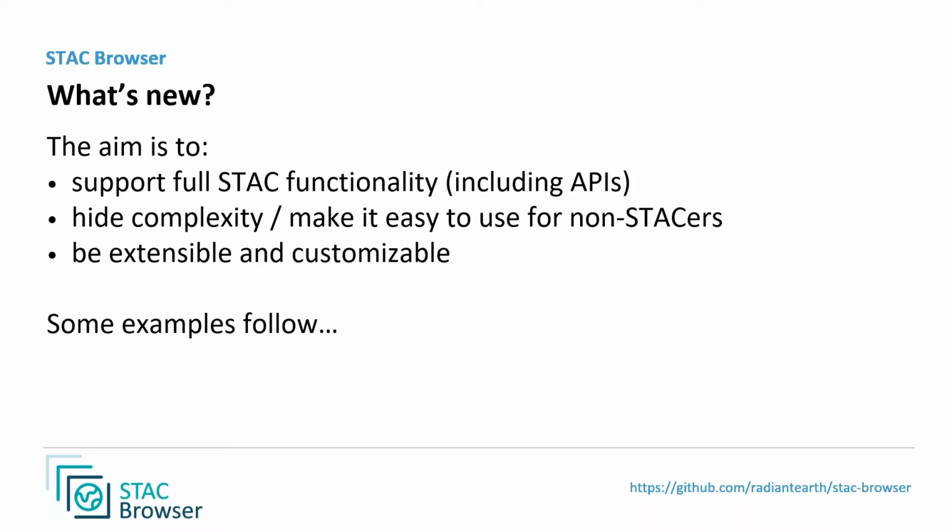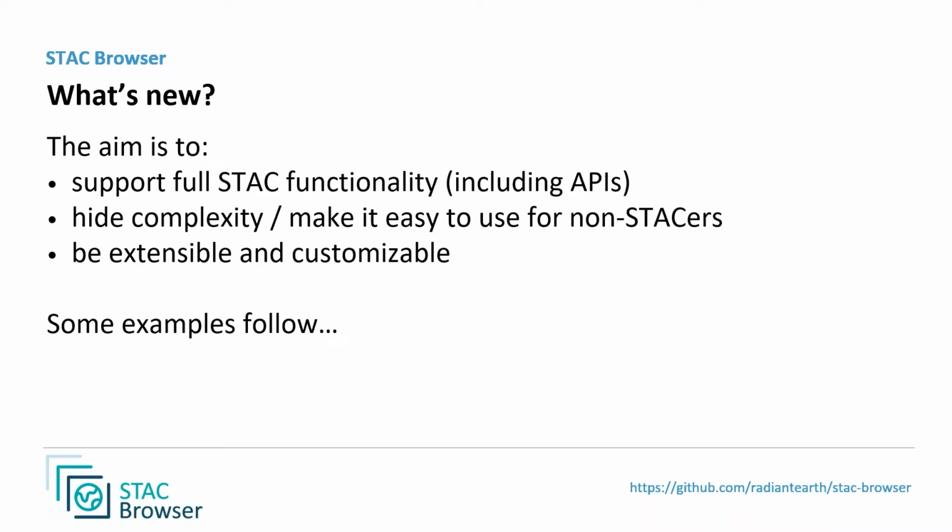So what is new in comparison to version 2? The basic aim for rewriting it was to support the full STAC functionality, including APIs and all the functionality that is defined in the API specification, including extensions, and also to get a bit away from the STAC focus.